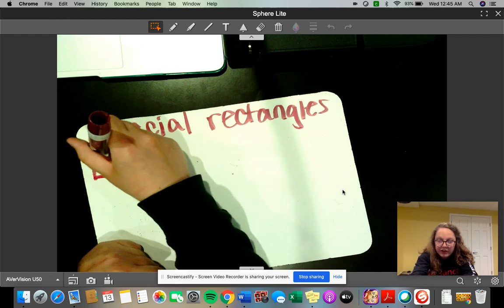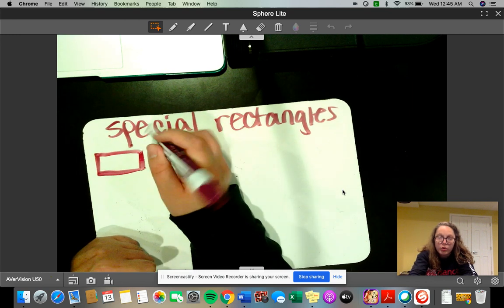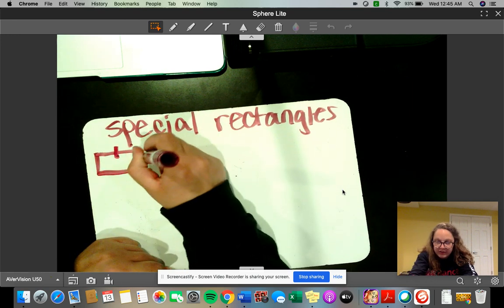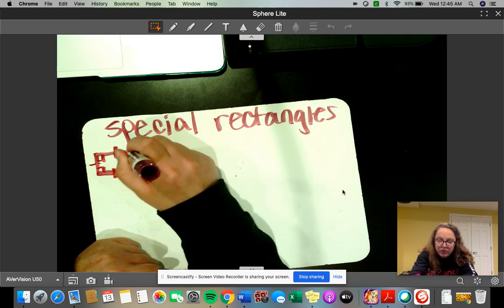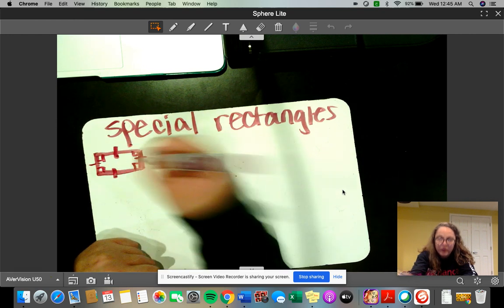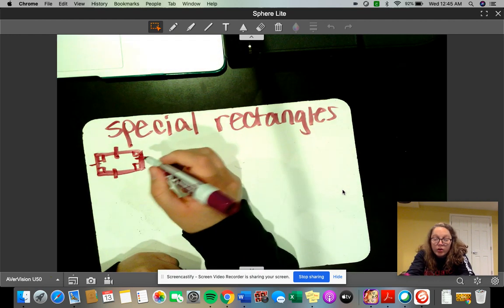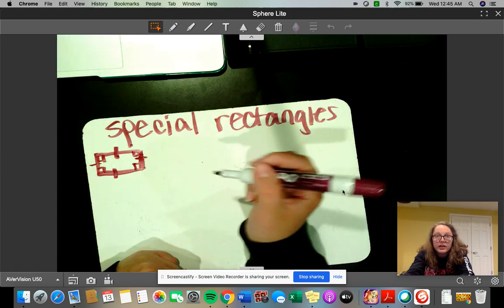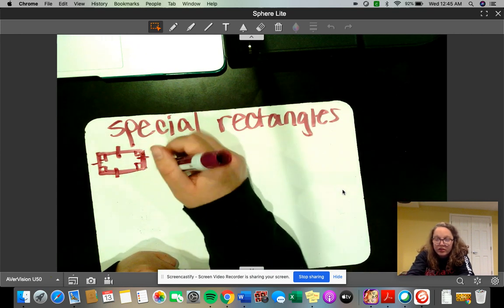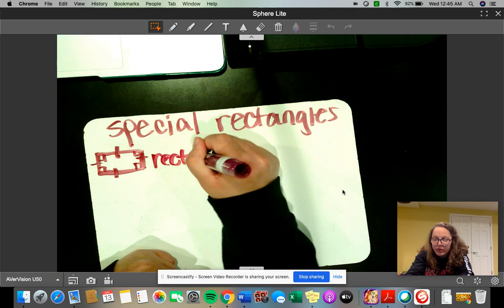A regular rectangle has 4 sides and 4 square corners. 1, 2, 3, 4. And remember, square corners are ones that look like an L, or that you can draw a little square out of in the shape. So we have a regular rectangle.